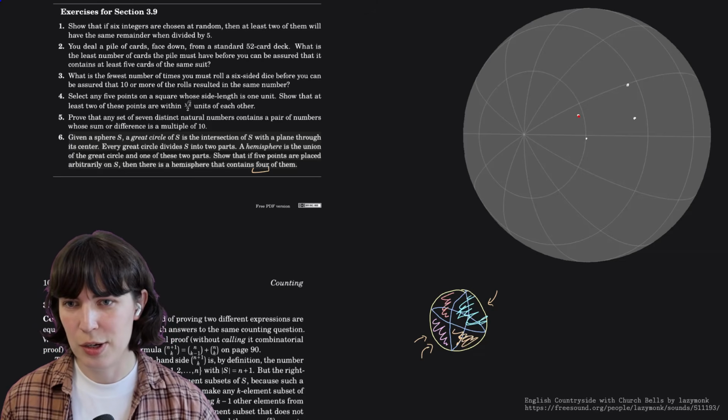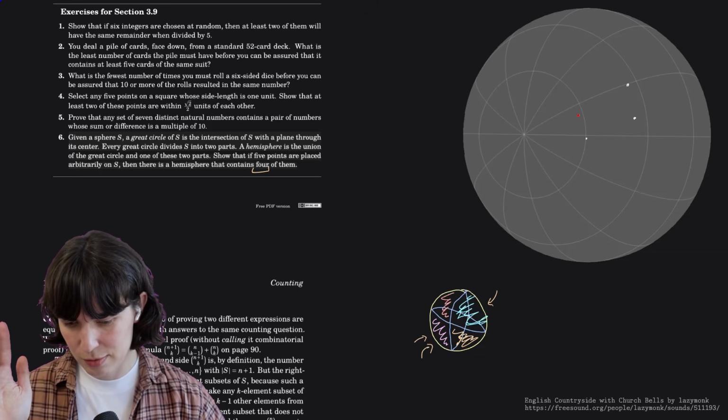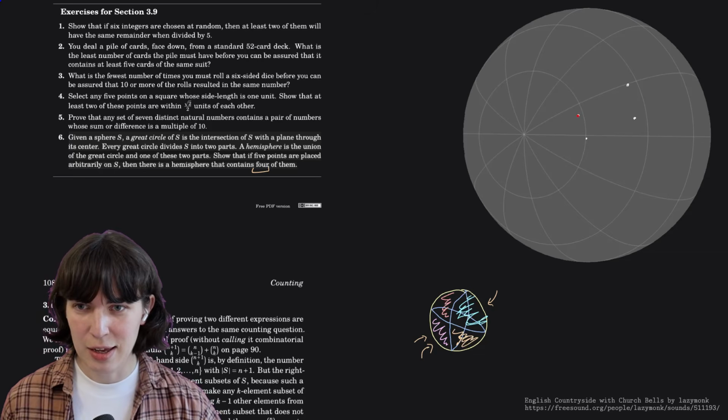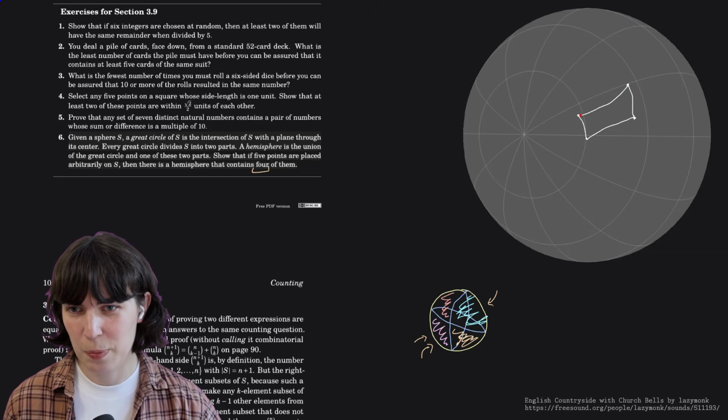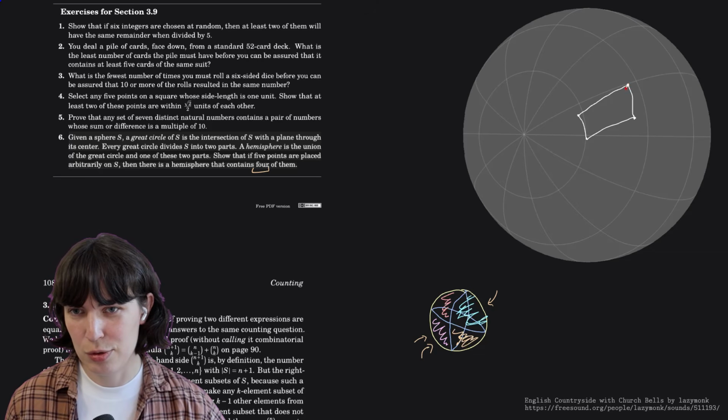Now, here's a statement. I'm going to state something. Any 4 points on the surface of a sphere, you can connect to form some sort of quadrilateral-like shape. You can also then draw lines between the opposite corners.